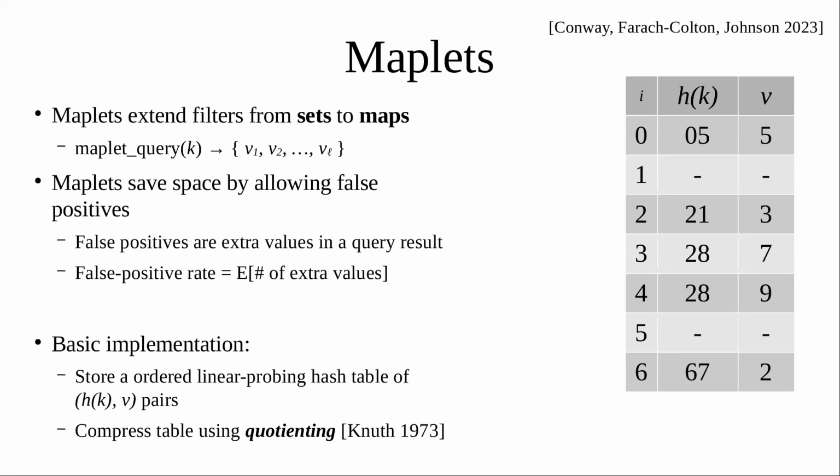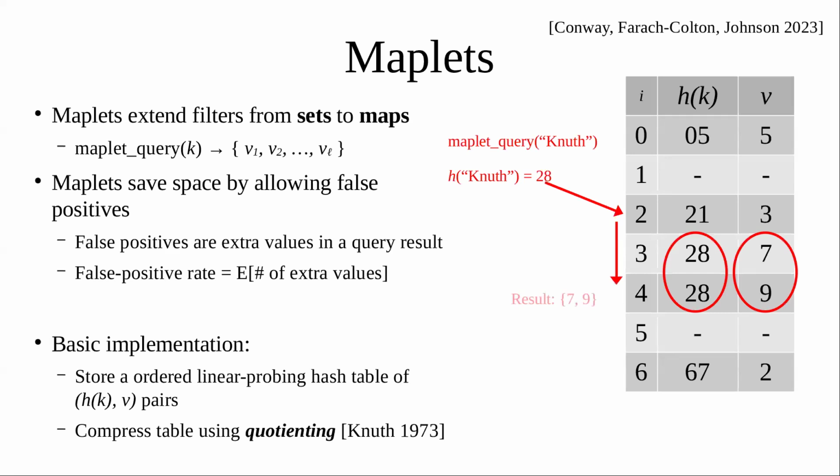And you can save space in this hash table by eliminating some of the bits using a technique called quotienting, which goes back to Knuth. So just as an example, if you were to make the query for Knuth, then you access the 28 part of your hash table, you start scanning, you find all the 28s, you return all those values, so the result is the set 7. That's how a maplet works.